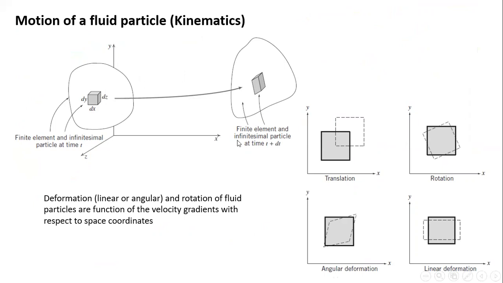I have here a reference frame XYZ and a fluid particle, an infinitesimal fluid particle that is moving in the flow domain. After a certain time, the fluid particle is at a new location, and we can see here that the shape of the fluid particle has changed.